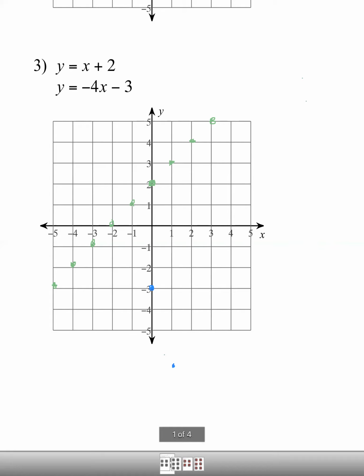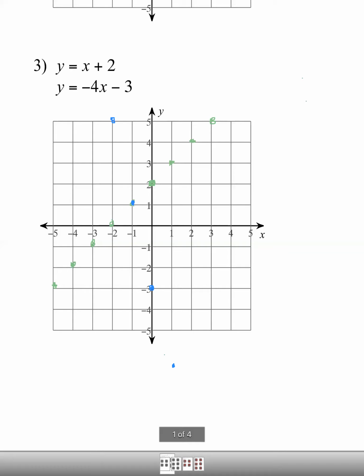I'm already way off my grid. So remember what we can do instead. Instead of going down 4 to the right 1, I can go up 4, 1, 2, 3, 4, and to the left 1. And you can see that when I do that, I do get that 1 point that overlaps right there. And then I'll just do it again, up 4, back 1.